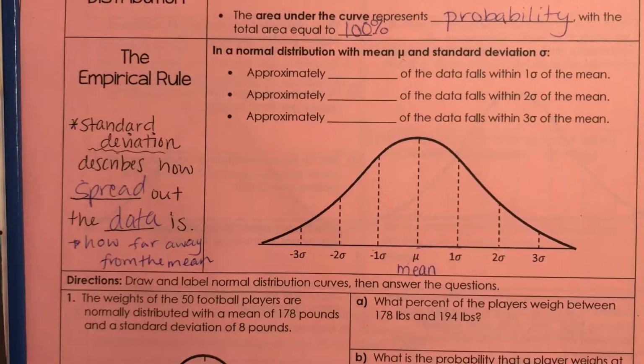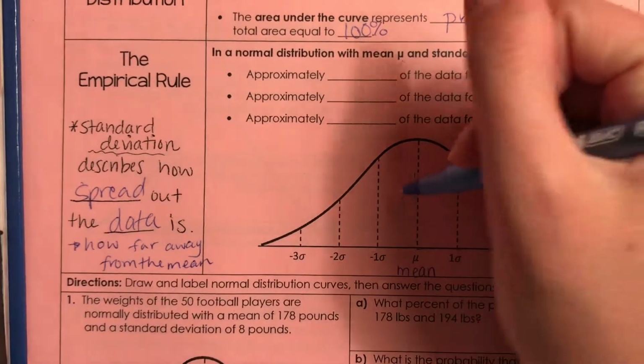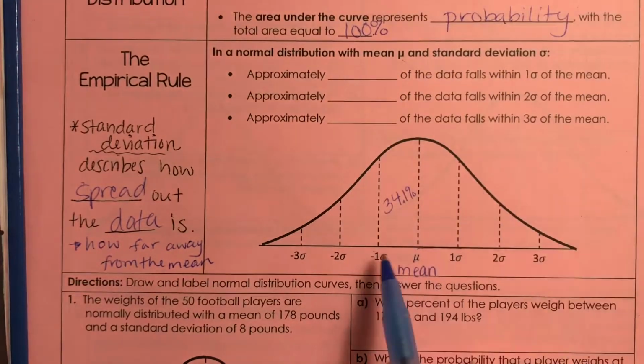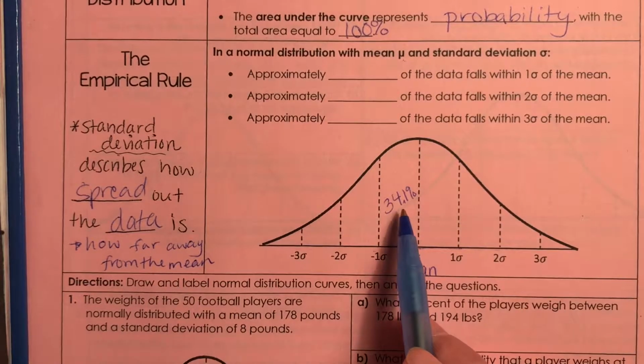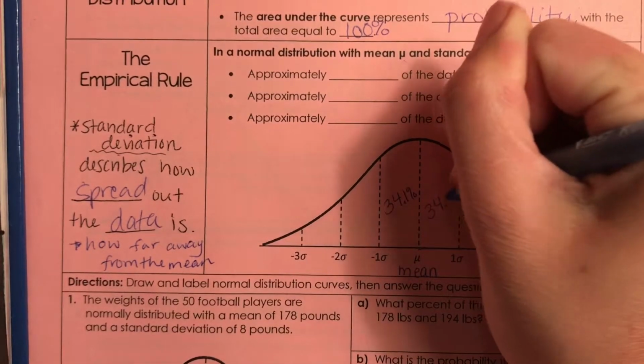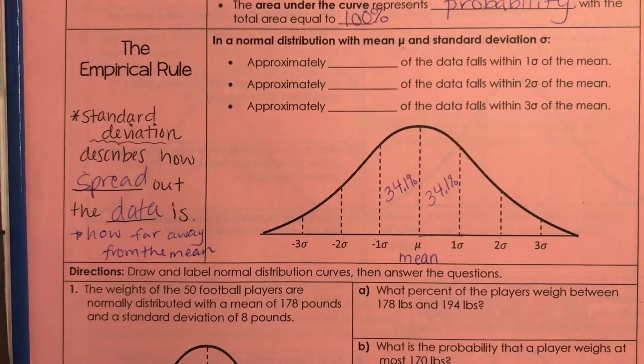This curve shows how the data is spread out. Within 1 standard deviation, there's 34.1% of the data. And since it's symmetric, it'll be the same on both sides. We'll look at this in an example in a moment.